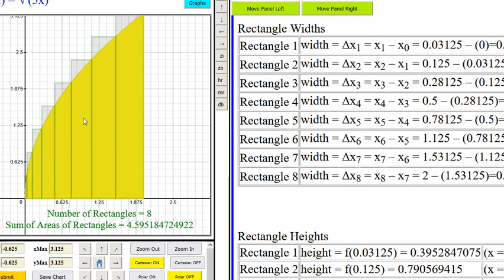And for this particular example, here are the widths of the rectangles. So the first width is 0.03125, and the second width is 0.25.